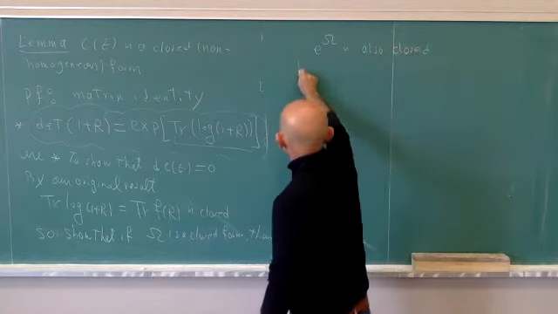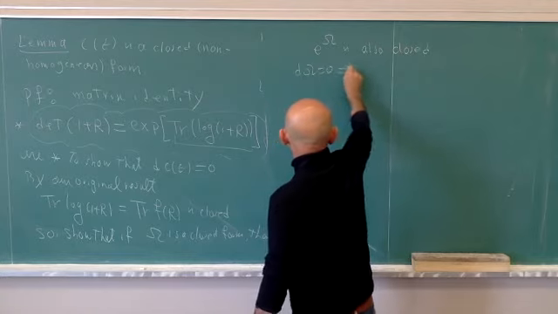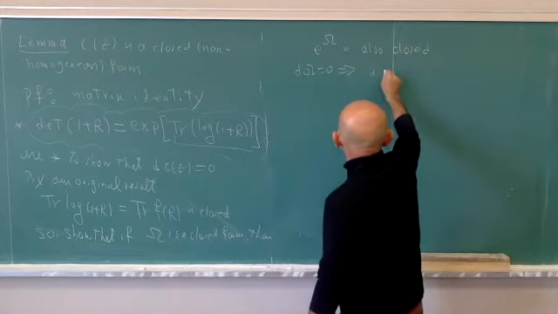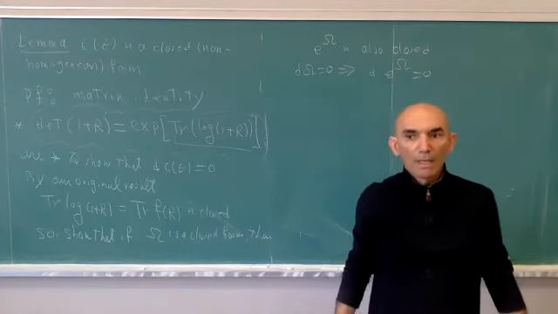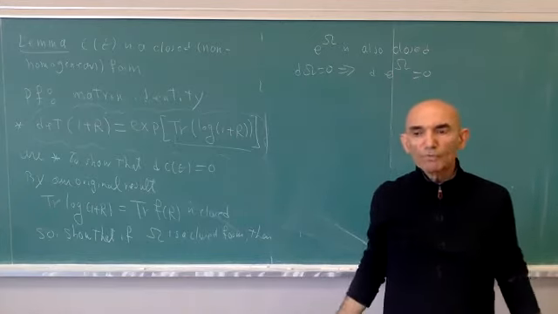In other words, I'm saying d omega equal to 0 implies that d of exponential of omega is equal to 0. Okay, so how can you prove that?